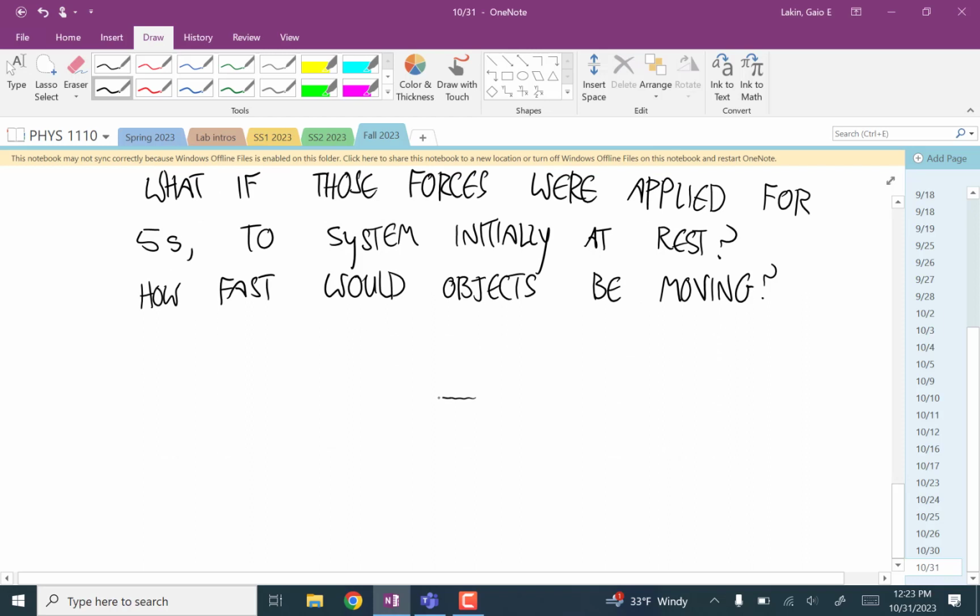Okay, well, we have a system like this. Let's choose a 0 position. This is a one-dimensional motion, right? So let's choose a 0 position to be where the left end of the left object is at time equals 0.